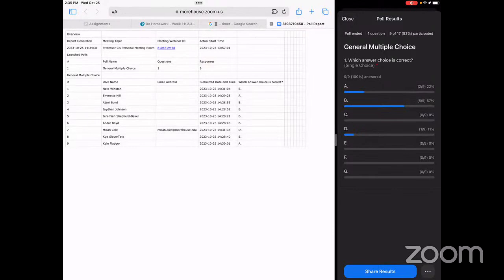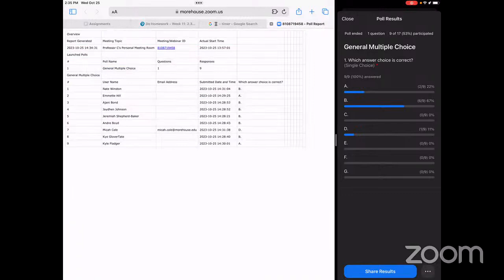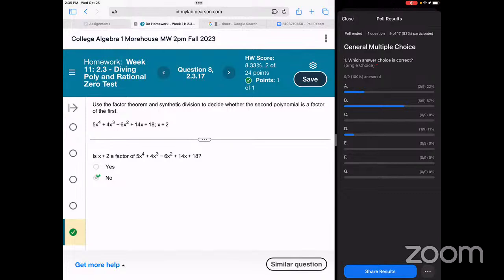Baker, Boyd, and Glover Tate. Let me see. Shepard, Baker, Boyd, and Glover Tate. Boyd. Okay. And last but not least. Okay. All right, cool. I think I logged it. Let's keep it moving. We got a solid 10 minutes. Okay. So those that got it correct, I logged it. Let's close.